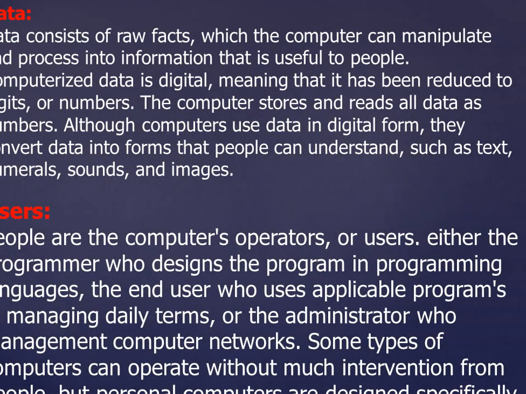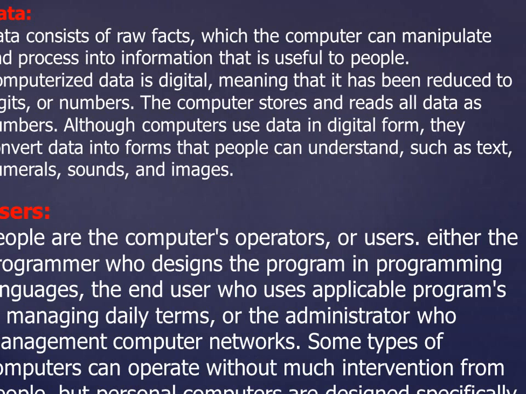Still, we can look at another component of a computer, which is people or users, those who use that information, as in the graphical user interface. Like here, I'm using this computer as a person.